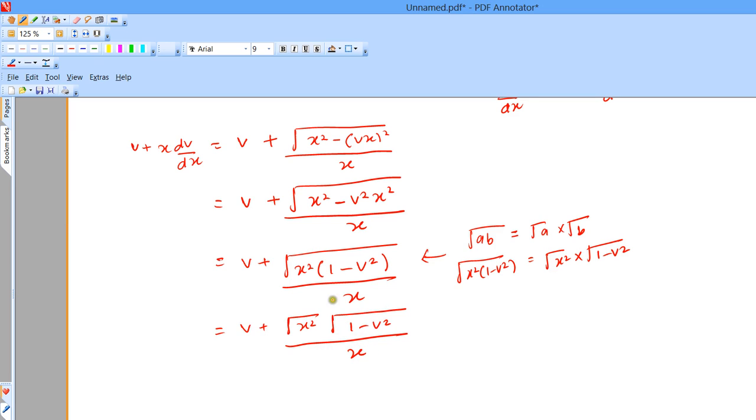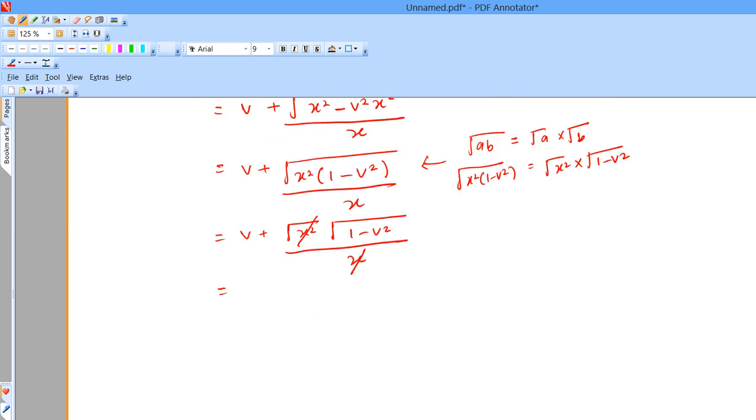Then we can cancel out this x. The square root of x squared equals x. So on the right hand side we have v plus the square root of 1 minus v squared, and on the left hand side we have v plus x dv over dx.